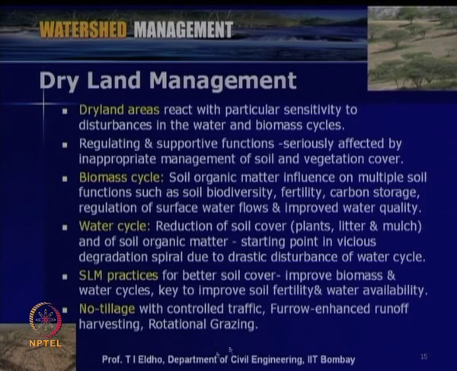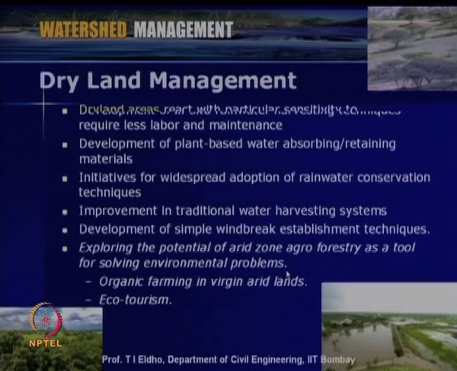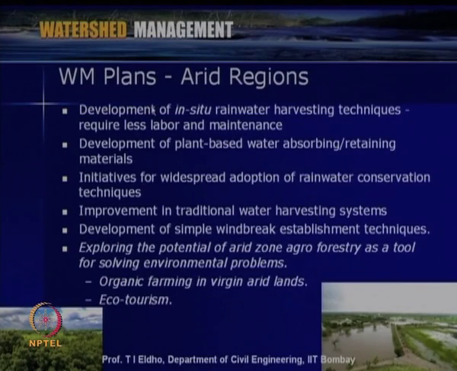These are some of the things which we can do as far as dry land management within an arid region. Now let us look into the possible watershed management plans as far as the arid regions are concerned.